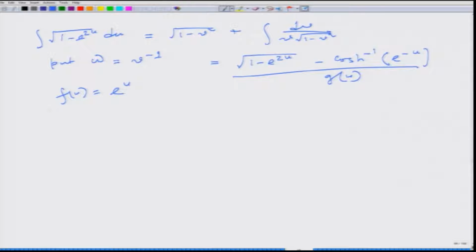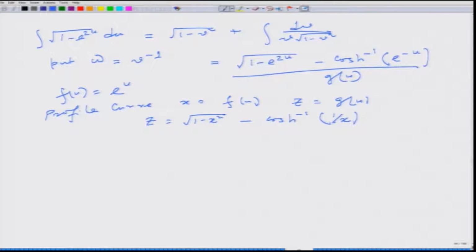In the profile curve, if I put x equal to f(u) and z equal to g(u), then z is actually root over 1 minus x square minus cosh inverse of 1 upon x.